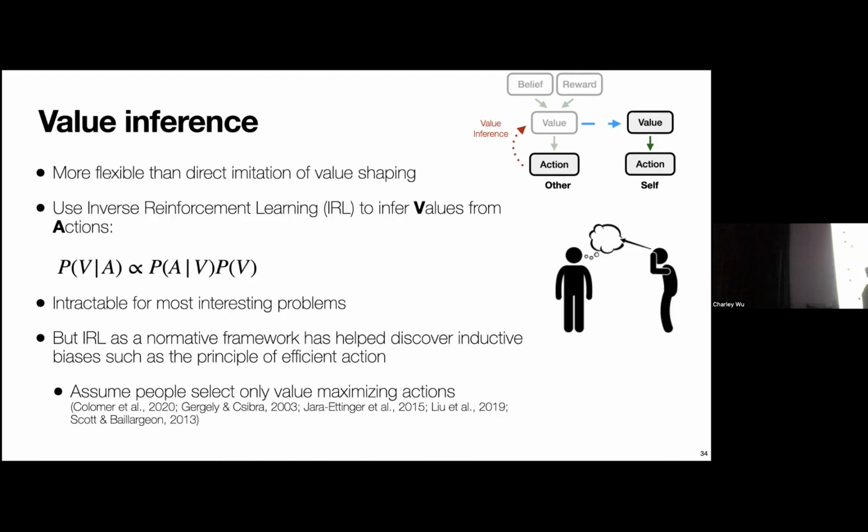We still have the problem of there being an infinite number of value functions, but in some ways we can still constrain this a bit. And this type of constraint is also reflected in how humans perform this type of inference as well. Even children at a young age assume that people select value maximizing actions, that we expect people to behave in this way.